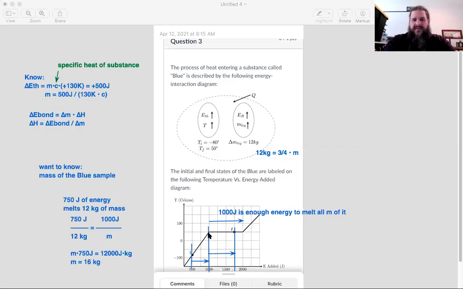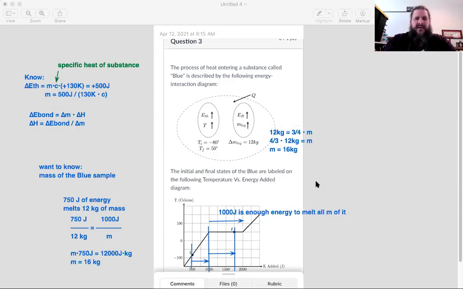And then because it's 3/4 of the amount of energy it would take to melt the whole thing, in other words, 750 is 3/4 of 1,000. So how would you isolate M here? What's the opposite of multiplying by 3/4? Yeah, multiply both sides by the reciprocal, multiply both sides by 4/3. So 4/3 of 12 kilograms is M, and that's just 16 kilograms.